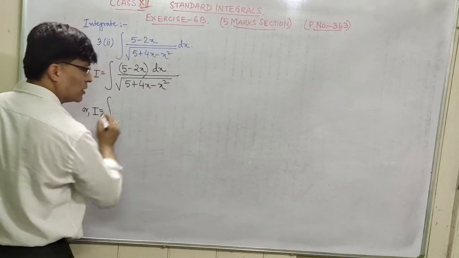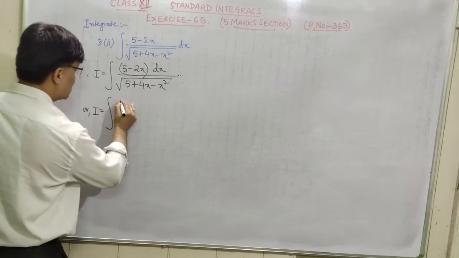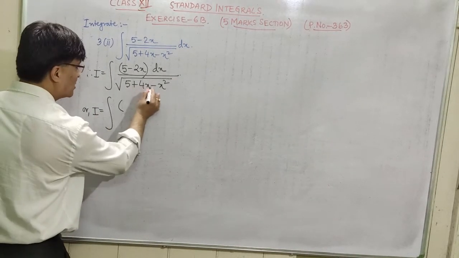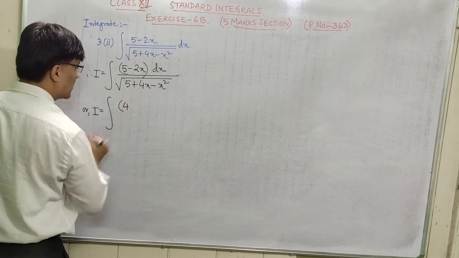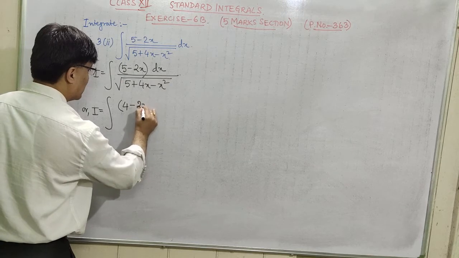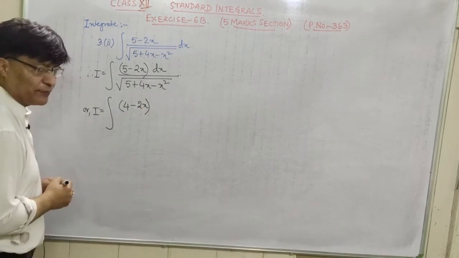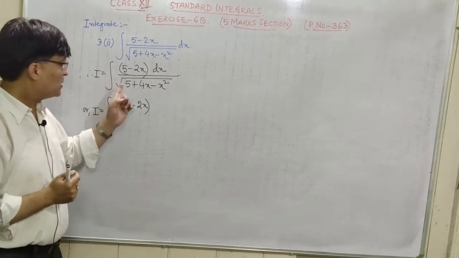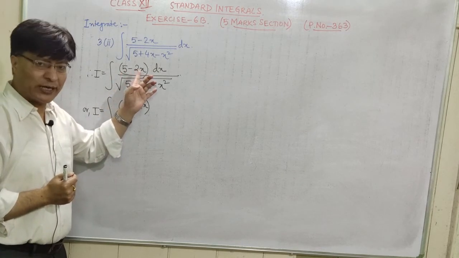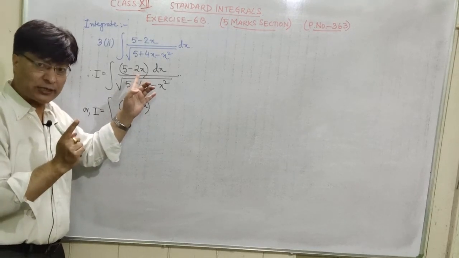So I is equal to integration of what is the differentiation of the denominator on the square root, that is differentiation of 5 is 0, you don't have to write it, plus what is the differentiation of 4x with respect to x, it is 4, and minus what is the differentiation of x square, it is 2x bracket closed. Okay, but we have got 4 minus 2x, but there is 5 minus 2x in the numerator. You should have 5 minus 2x in the numerator.